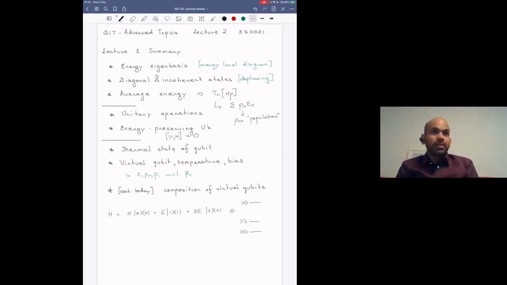Okay, and then we shifted to discuss the basic building block of our thermal machines, which is the virtual qubit.